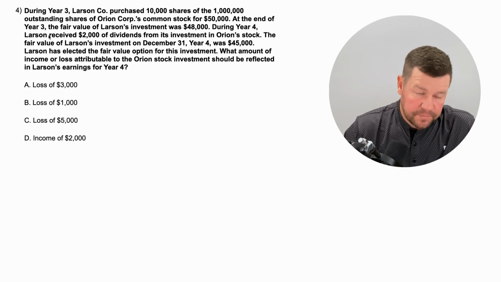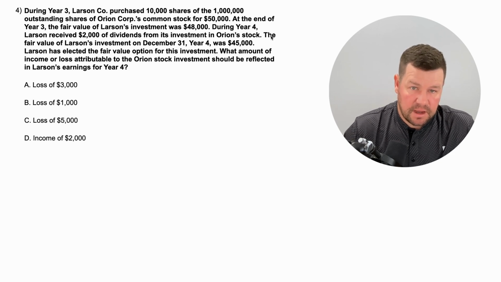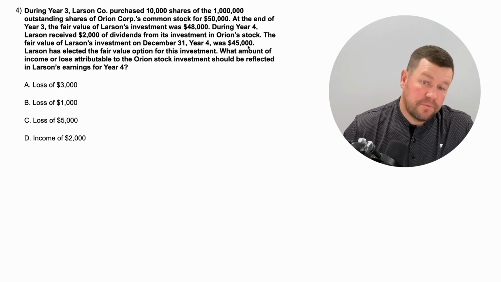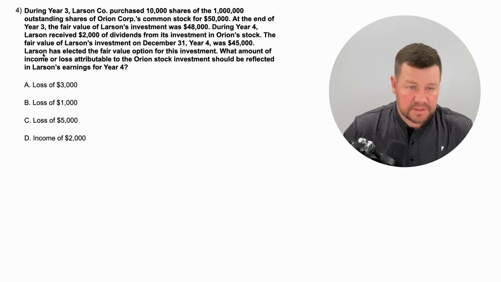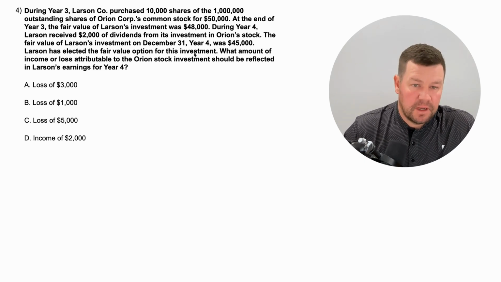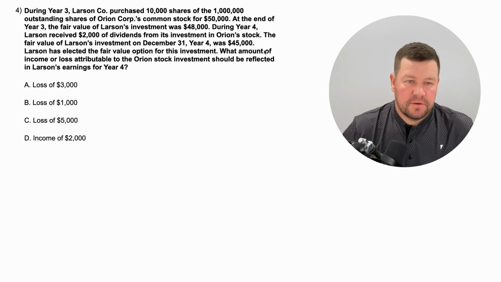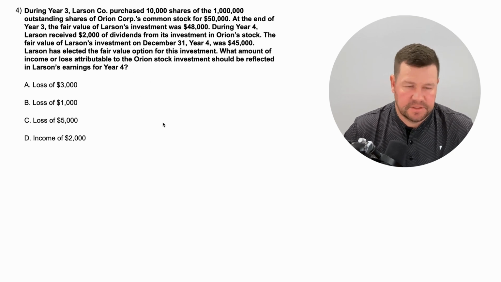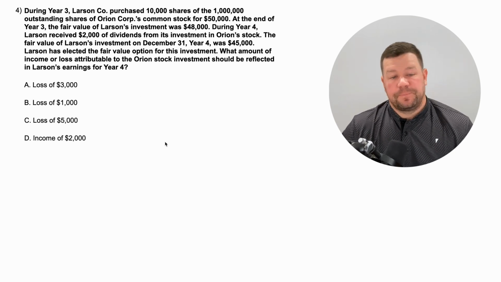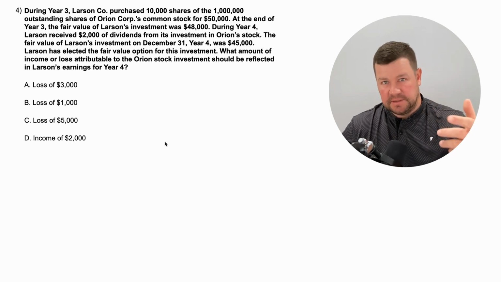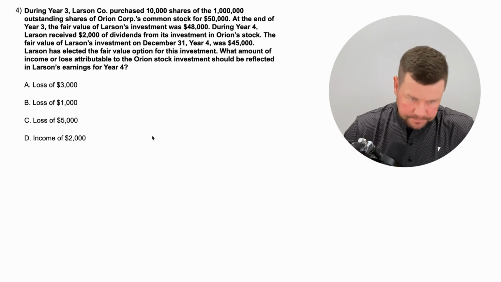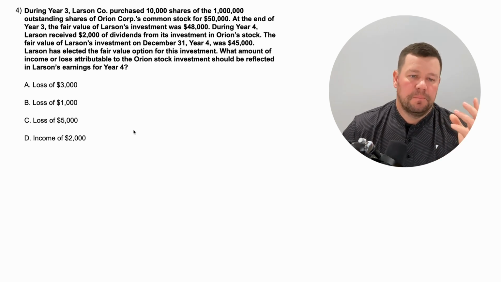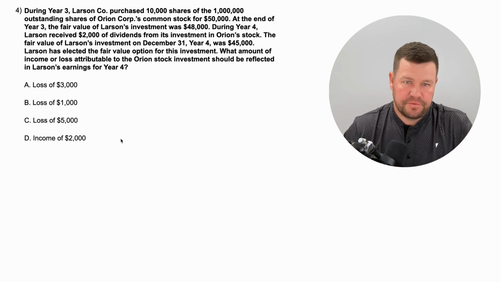During year 4, Larson received $2,000 of dividends from its investment in Orion stock. The fair value of Larson's investment on December 31st, year 4, was $45,000. Larson has elected the fair value option for this investment. What amount should they recognize in their income statement for year 4 from this investment? Again, you should be able to get to this answer from everything we've covered. So pause the video, make your attempt, and then we'll go through the solution.